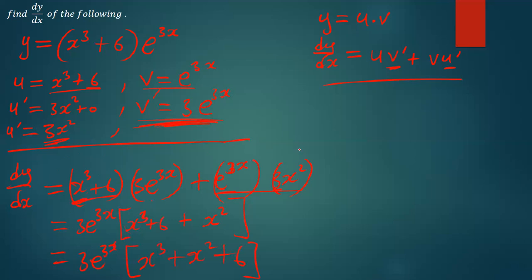And then the other question says, we differentiate cos x over x. So y is equal to cos x, then everything over x.